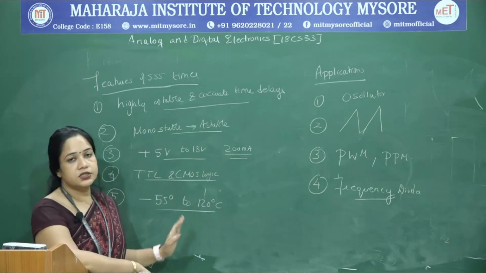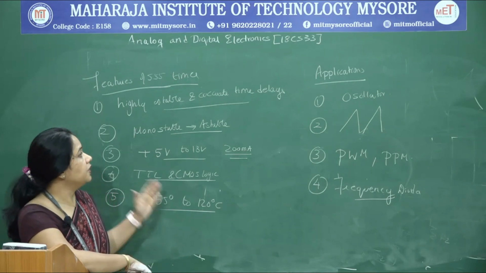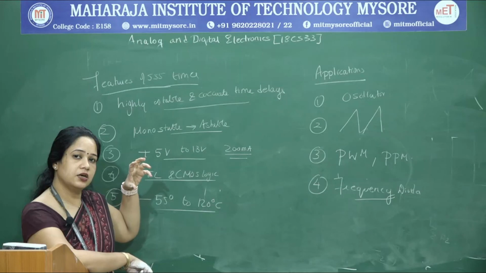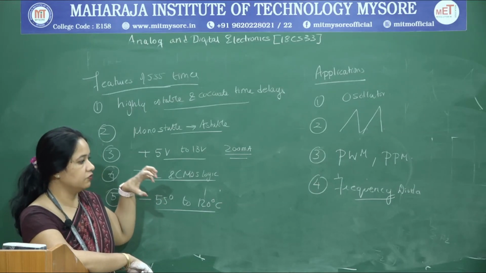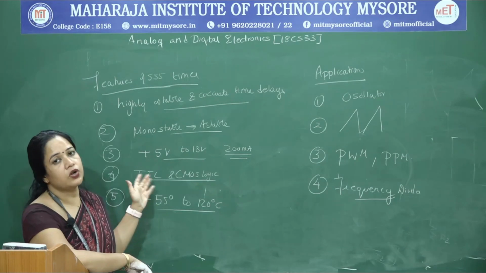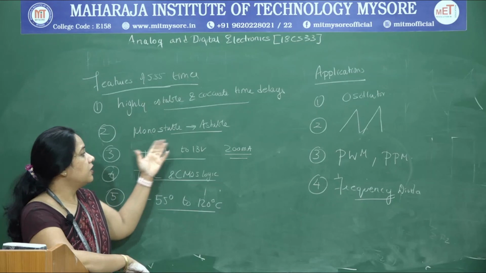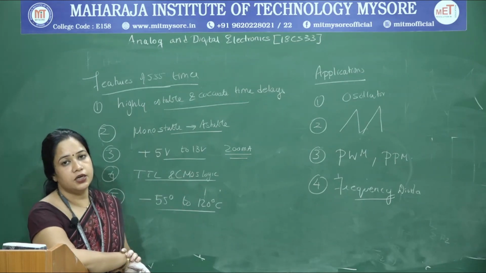We have also discussed the features of the 555 timer. In the next class, we will take up the basic functional blocks inside the 555 timer, and discuss its application as an astable and monostable multivibrator in detail.